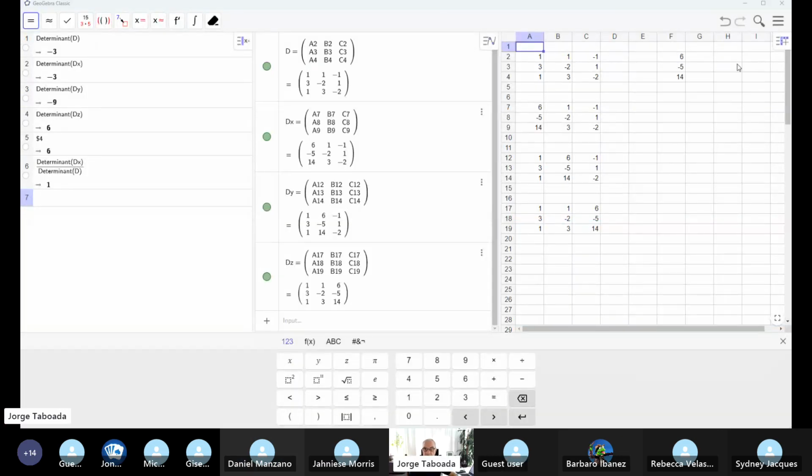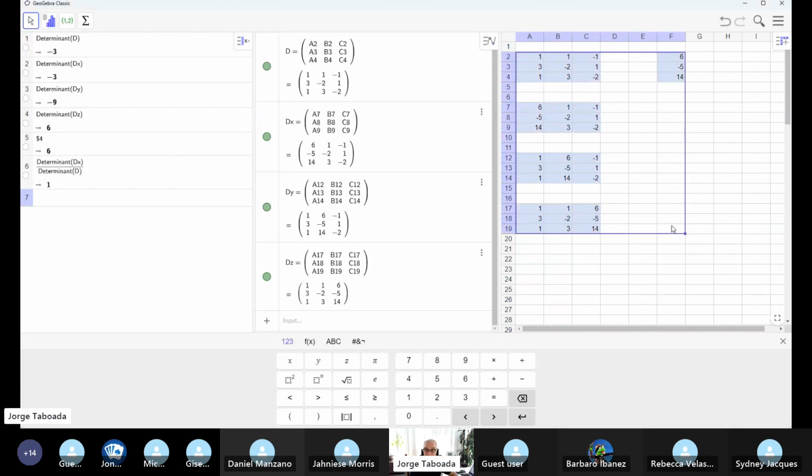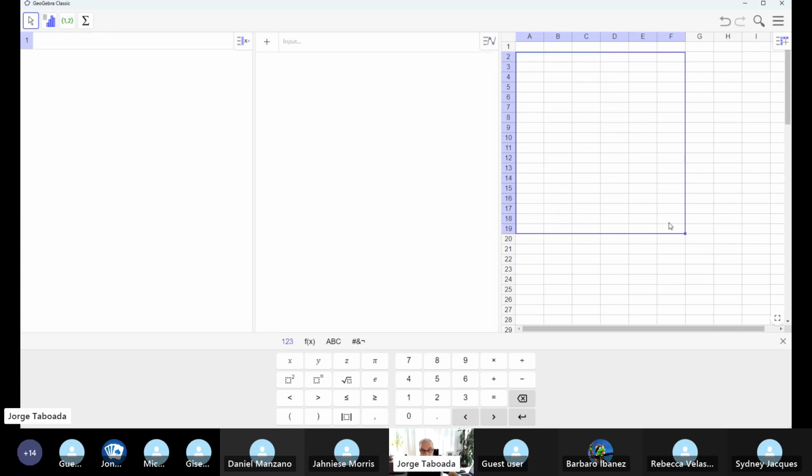Do you see my GeoGebra? Yes, we see. Okay, cool. Let me erase everything, because I never use it anymore. Now, when you delete the matrix editor, it automatically deletes everything.